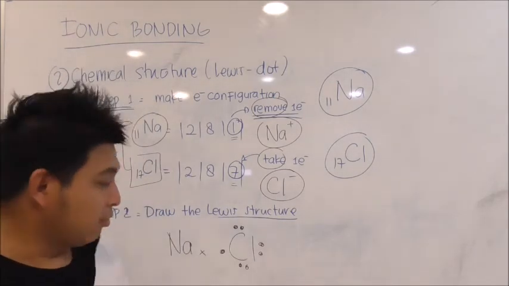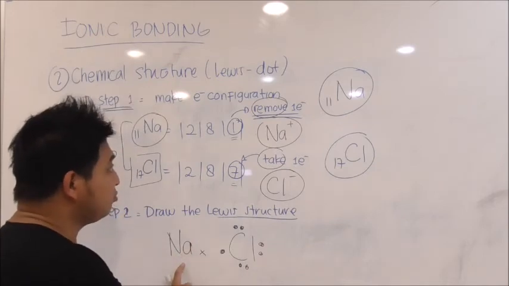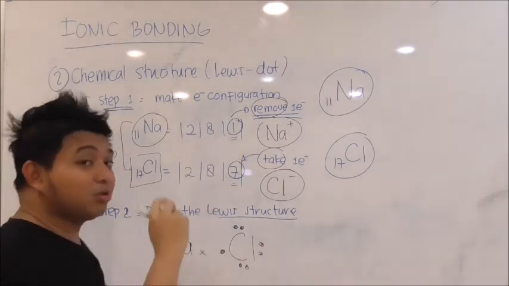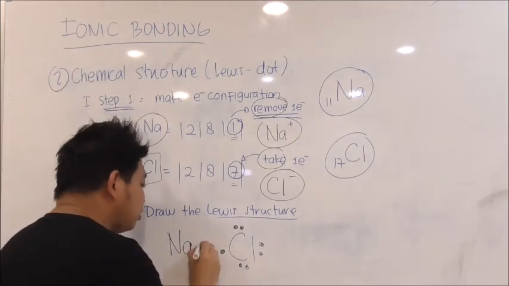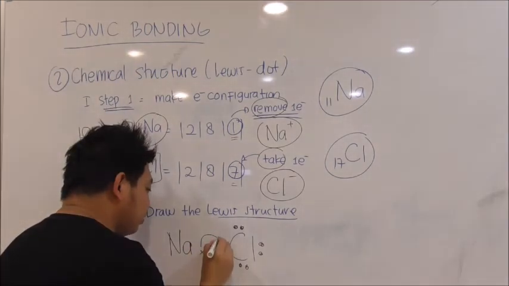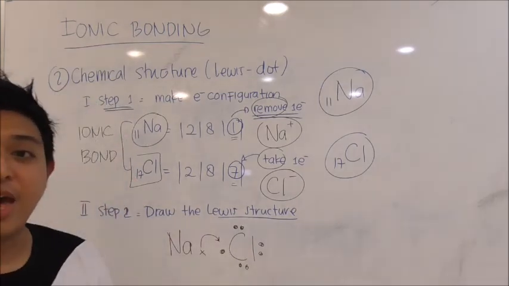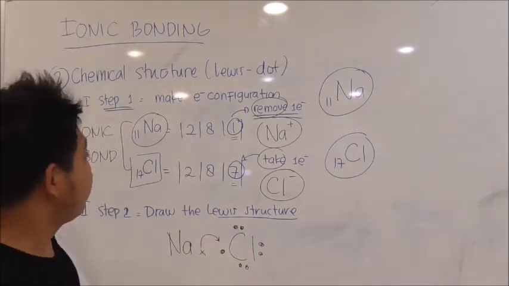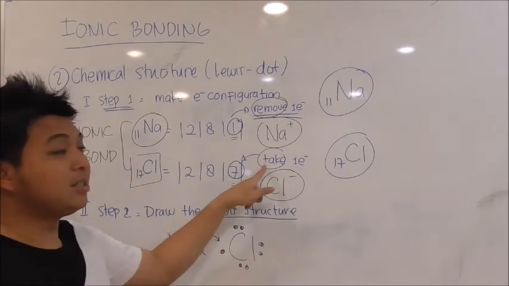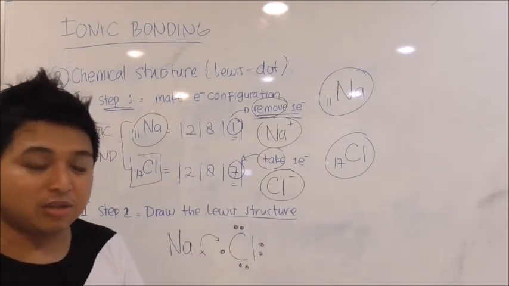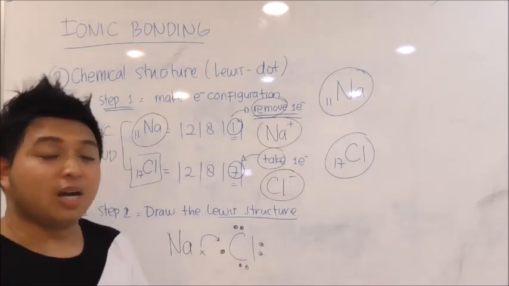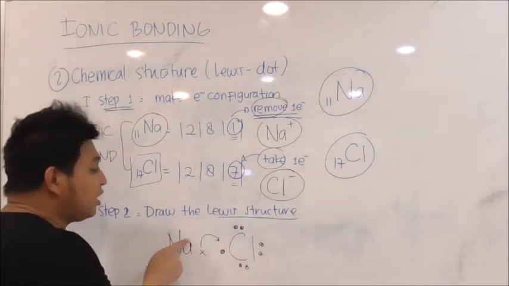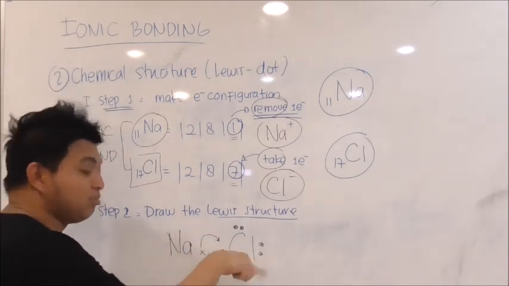Now take a look. For sodium to become octet, sodium needs to remove 1 electron, so I put this arrow. But chlorine needs to take 1 electron, so chlorine will take 1 electron from the sodium.